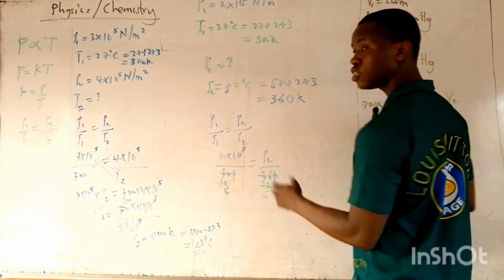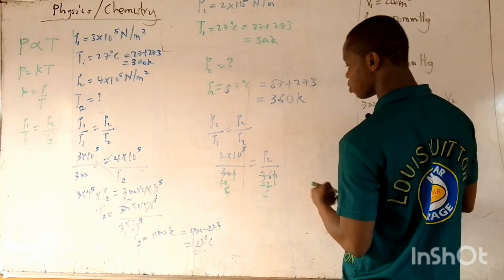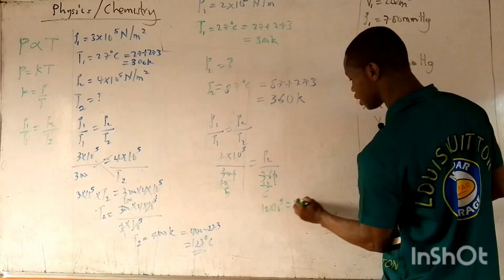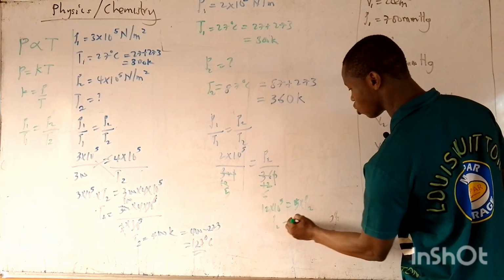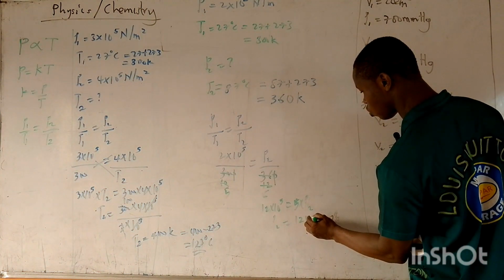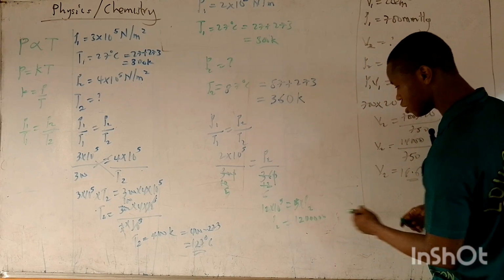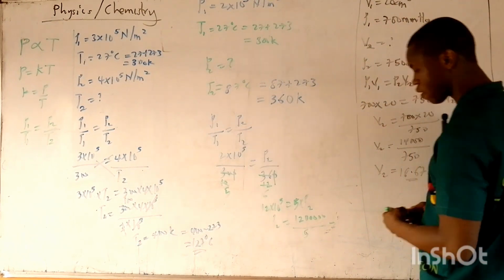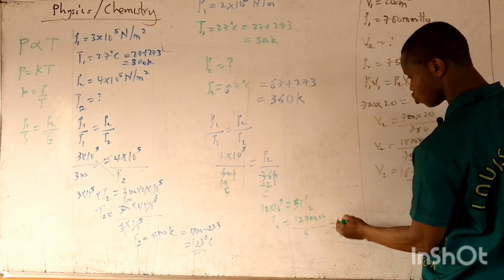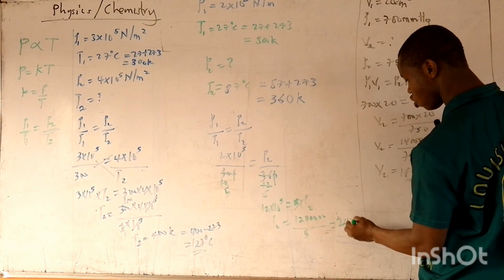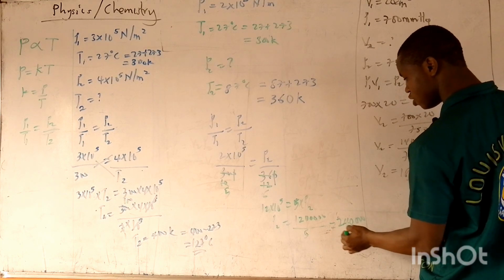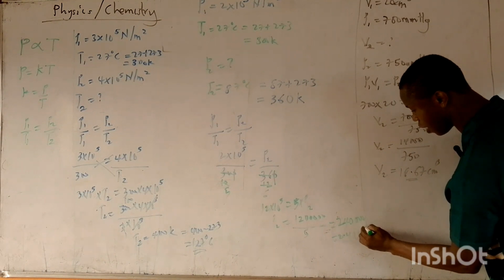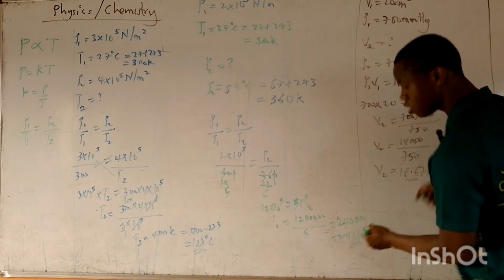Now I will cross multiply. Definitely I'll get 12 times 10 raised to the power 5 is equal to 5 times P2. So P2 is equal to that divided by 5, which gives us 2400. That will be 2.4 times 10 raised to the power 5 Newton per meter square.